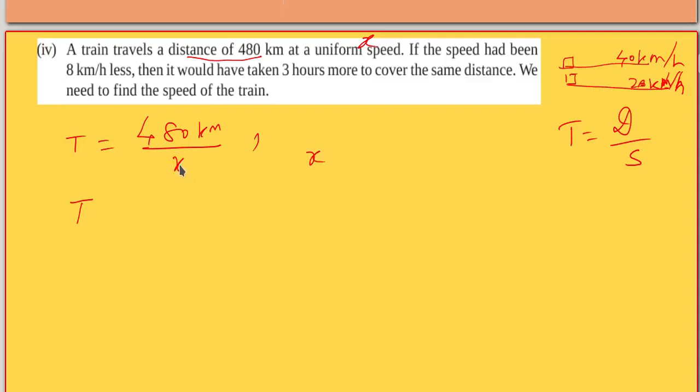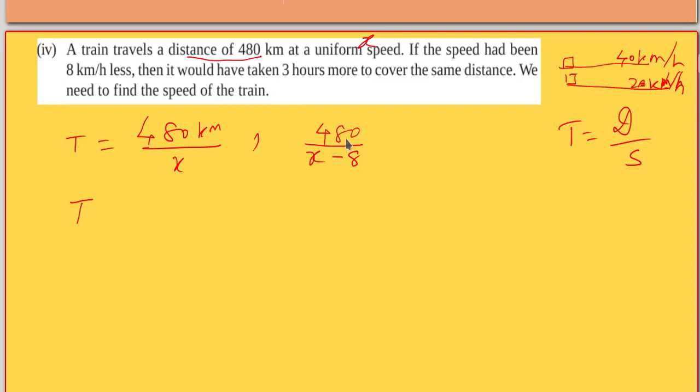Now the speed has been reduced by 8 km per hour, so we have to subtract 8 km. The speed has been reduced, but the distance has no change. The same 480 km the train needs to cover.